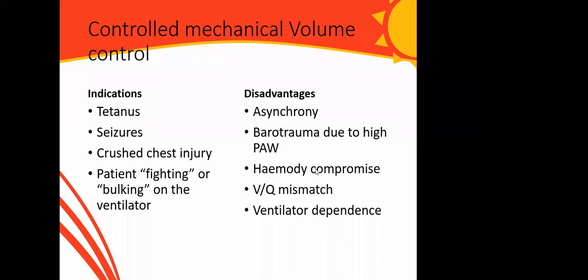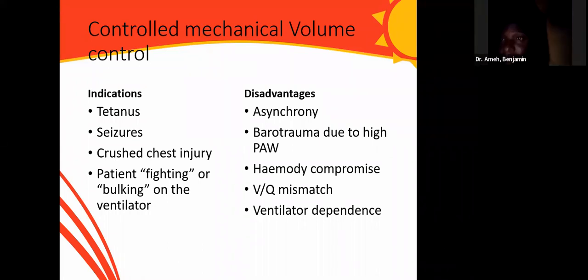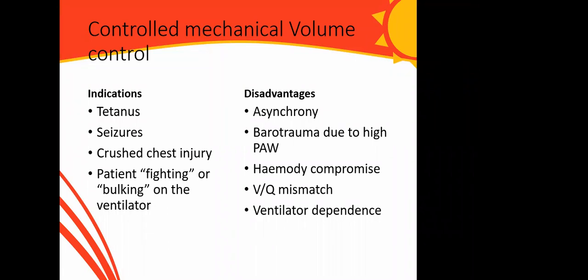Some of the disadvantages of controlled mechanical ventilation is that you can have asynchrony between the patient and the ventilator setting. And because the patient will require high peak inspiratory pressure, they are prone to barotrauma. This will also lead to hemodynamic compromise from reduced venous return due to increased intrathoracic pressure.